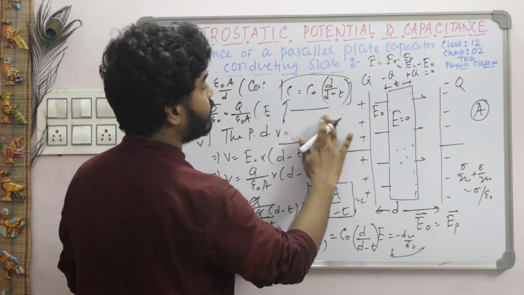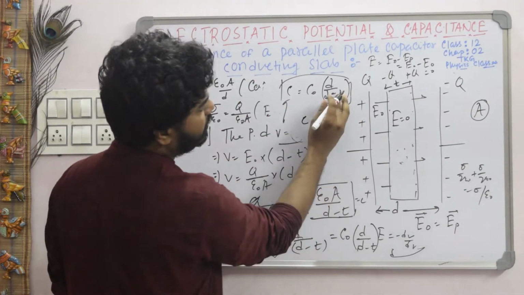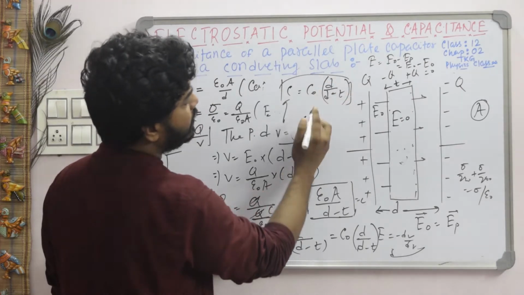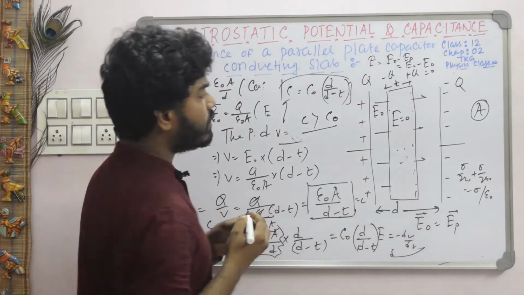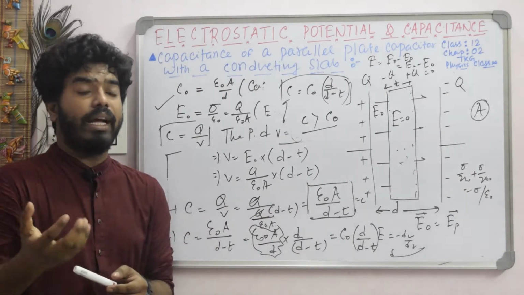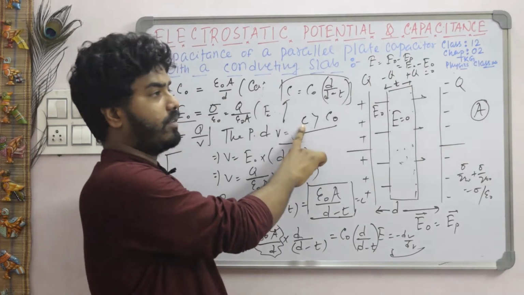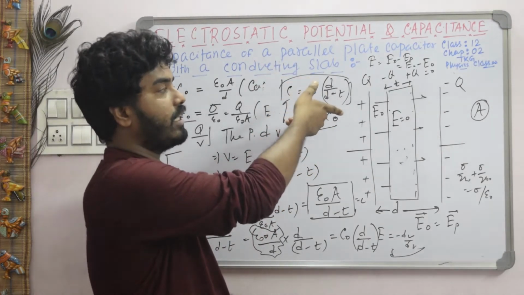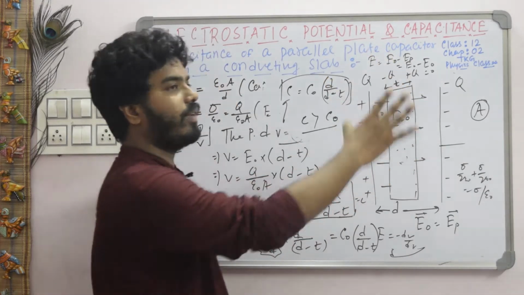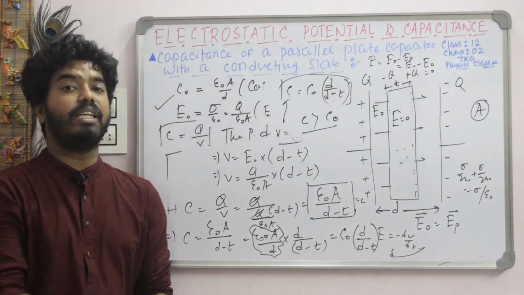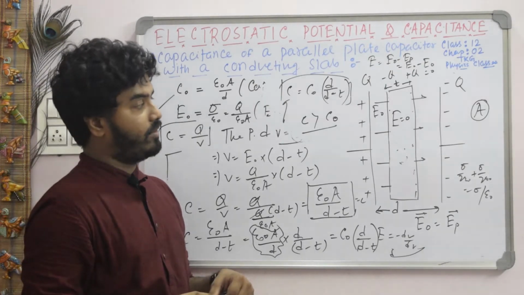Here t is smaller than d, so C is greater than C naught. That means when we introduce a conducting slab between the capacitor plates, the capacitance becomes larger than the capacitance of a parallel plate capacitor with a vacuum. That means on introducing a conducting slab, the capacitance increases.